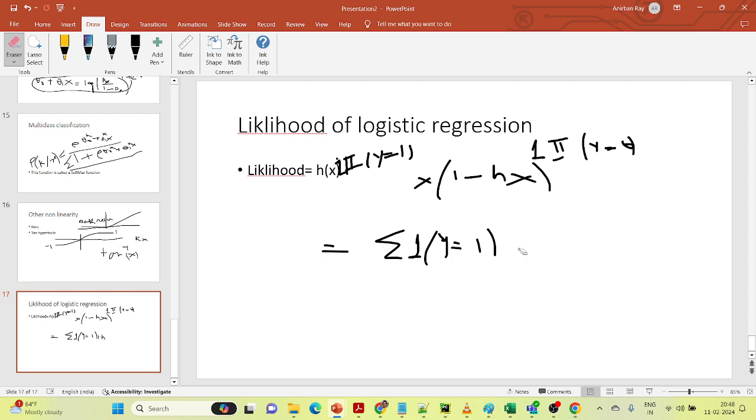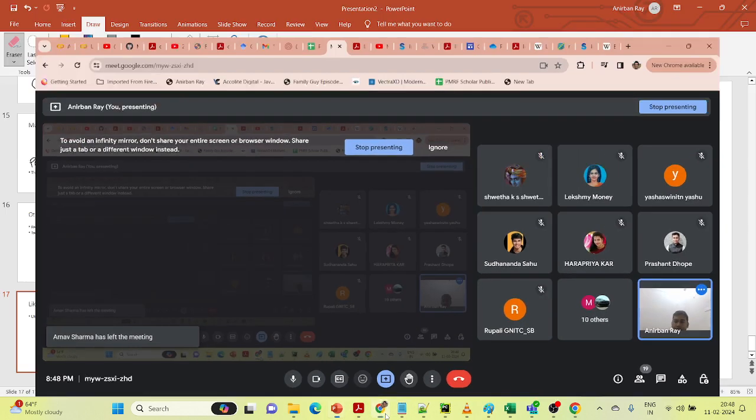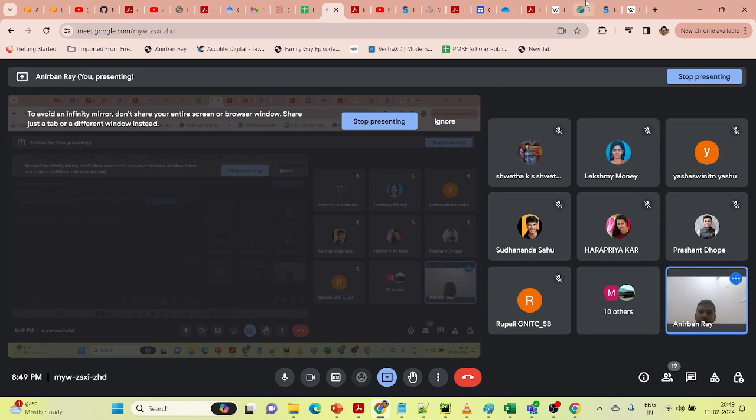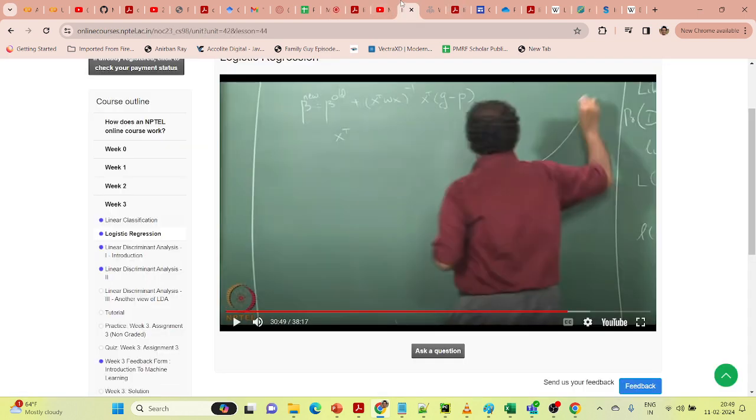So log h of x will come, and this indicator will go in front, and plus log of 1 minus h of x, with this indicator in front. So this is the idea. Let's see if the problems are solvable now.